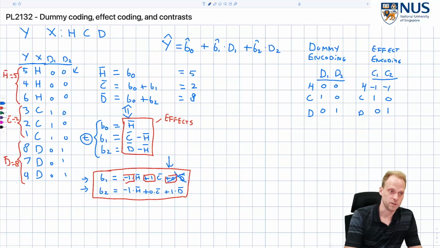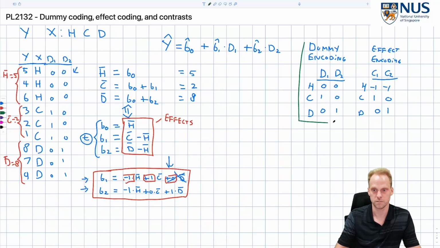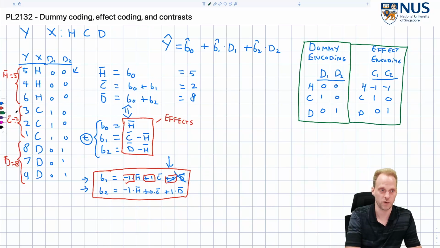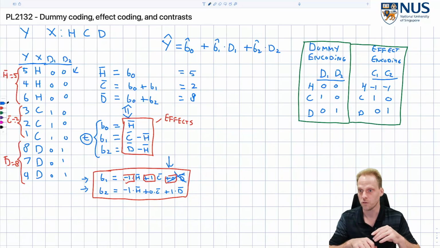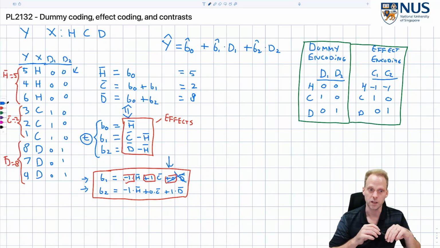So how is this different? We have here the dummy encoding, and we have the effect encoding. They are very different. The effect encoding is not telling me how the dummy variables are encoded. You see, I did not actually change the dummy variables here, right? They're the same. They're 0 for hamsters.